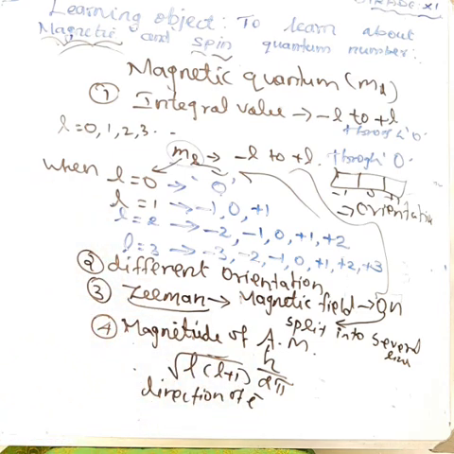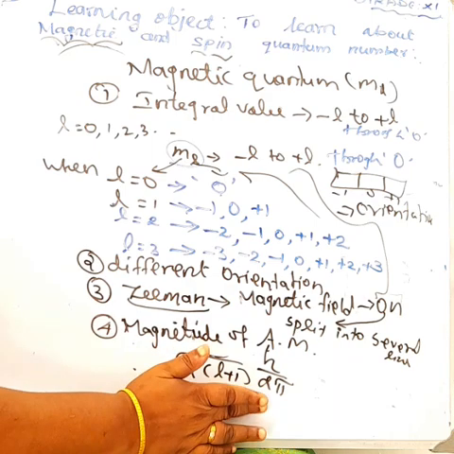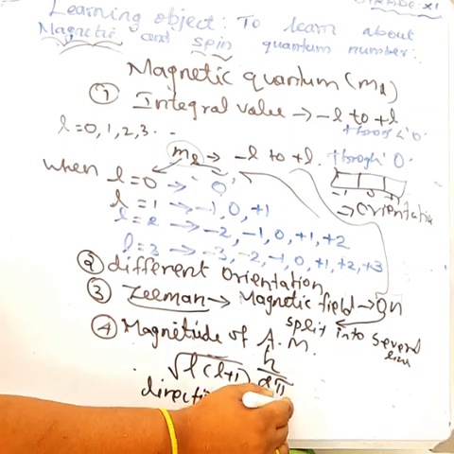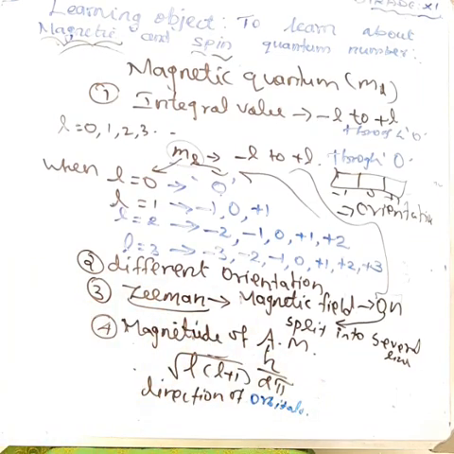Using the magnetic quantum number, we can identify the direction of different orbitals. Understood? Okay, this is about the magnetic quantum number.